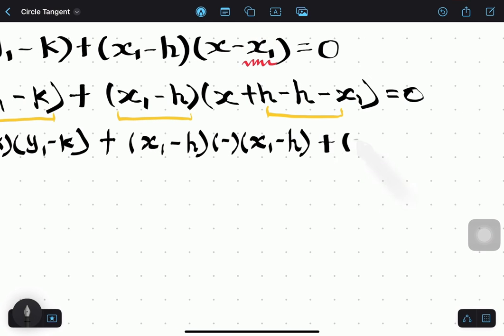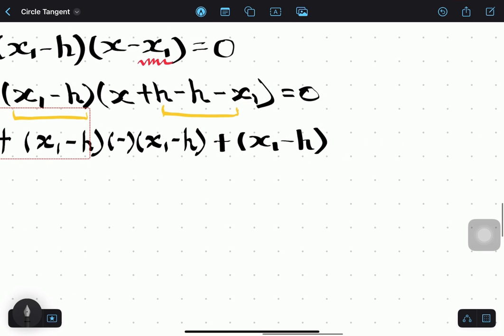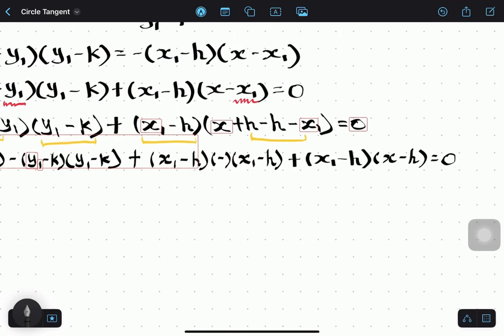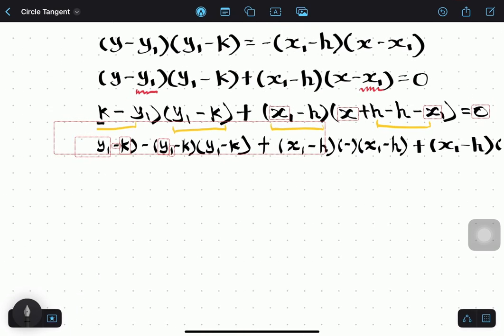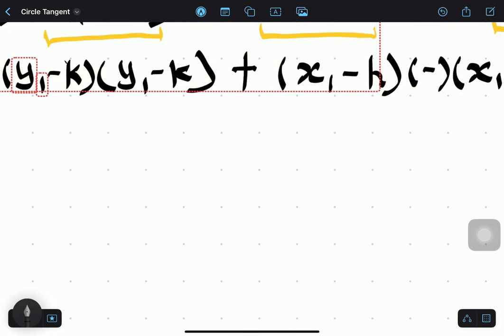Then I have another group, minus h, and I'm left with x subtract h equals to 0. Probably you need to pause this video and try to do it on a piece of paper and you will see the logic.